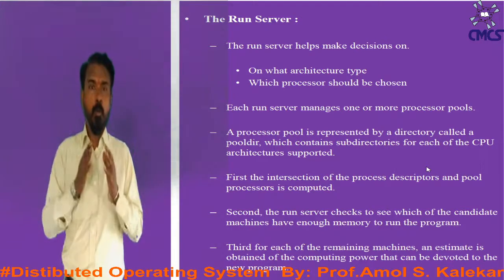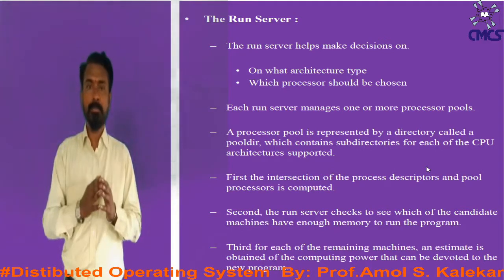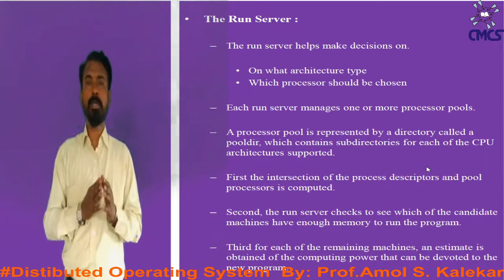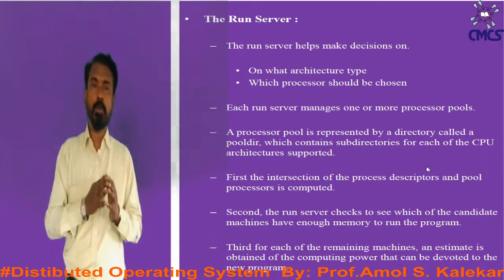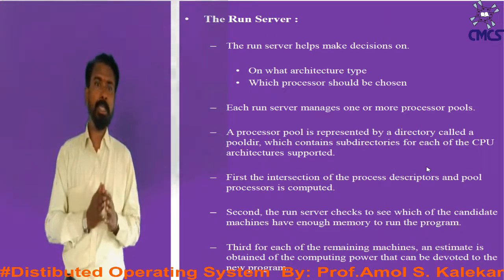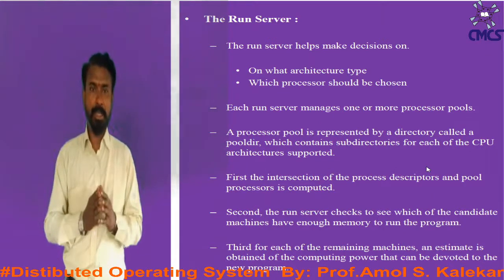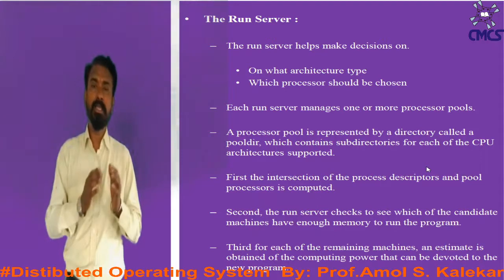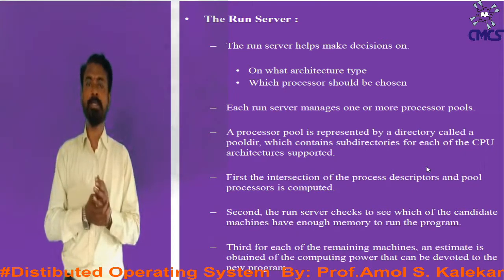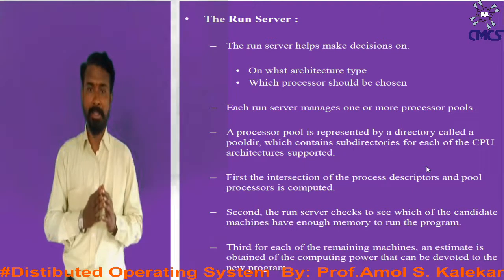Here, each run server manages one or more processor pools. A processor pool is represented by a directory which is called the pool directory, which contains subdirectories for each of the CPU architectures which are supported by it.